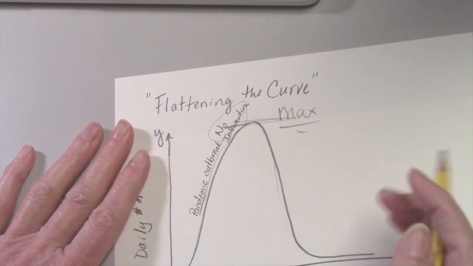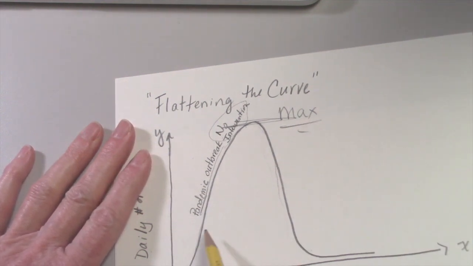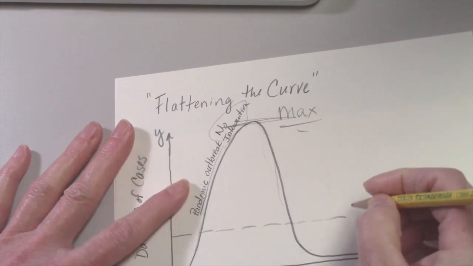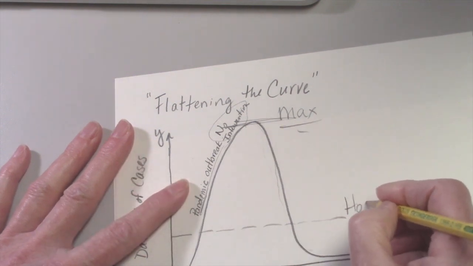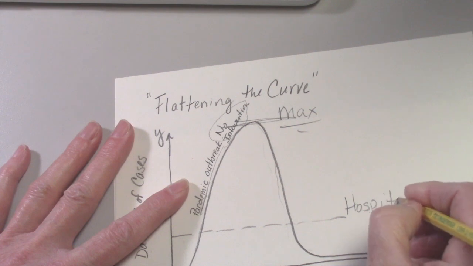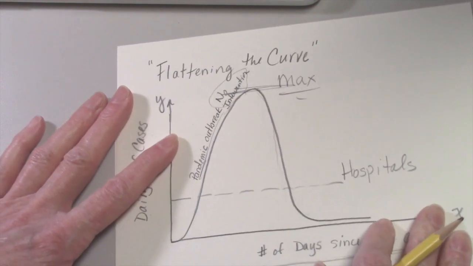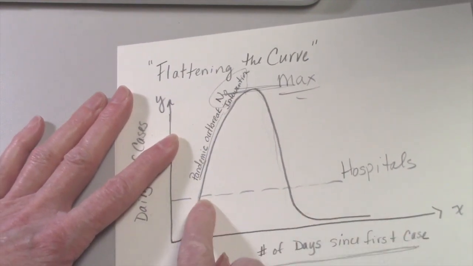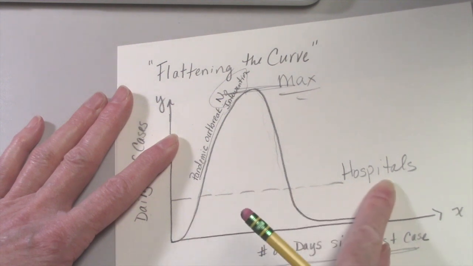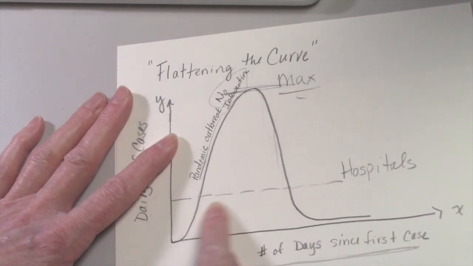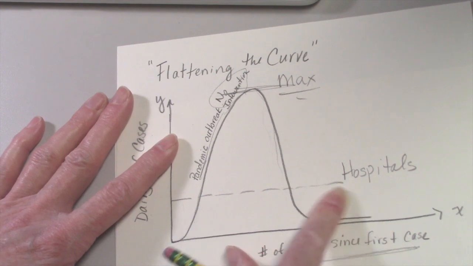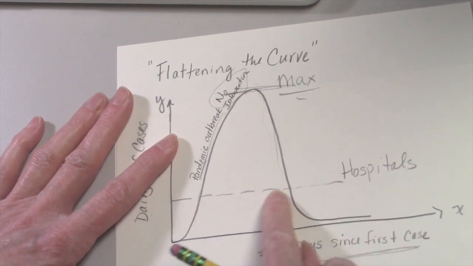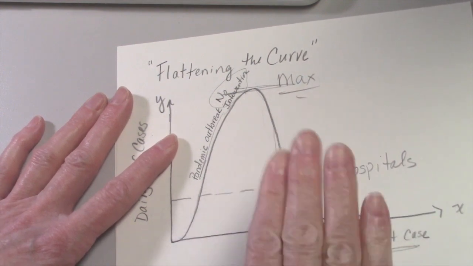Okay? So scientists had determined that somewhere down here was the line that hospitals would be able to handle. If we hit that number, our local hospitals in our cities, our towns, our villages, wherever in the world, okay, if we get to here, we're going to be able to handle it.